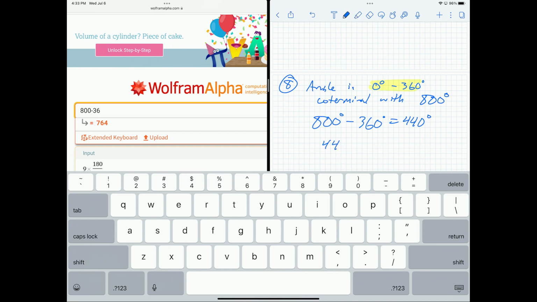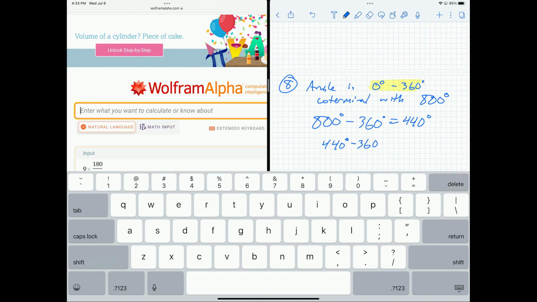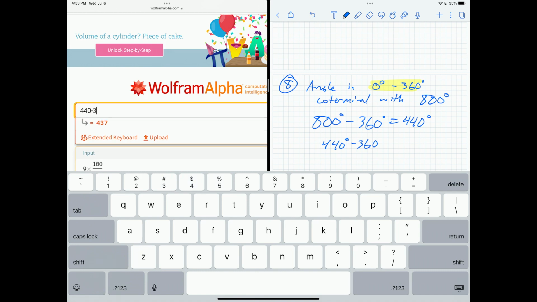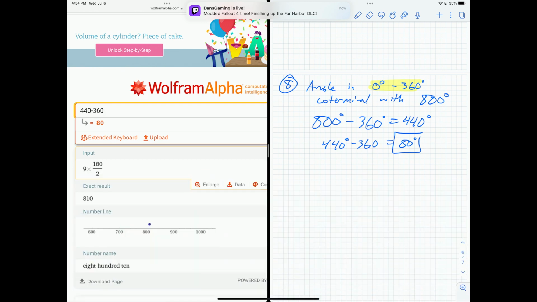So do it again: 440 minus 360 is 80. So that's the answer to 8. Which makes sense, right? 80 plus 720, which is 2 full revolutions, gives you 800. So that's the answer to number 8.